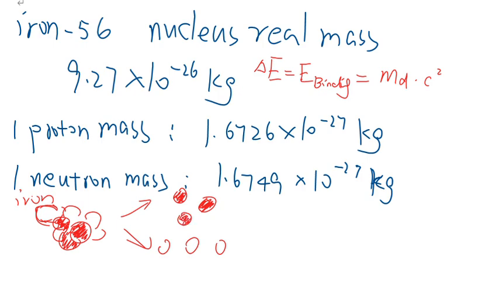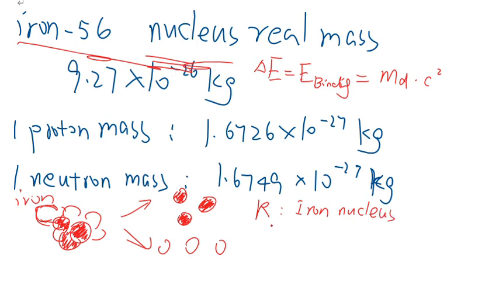This is my final effect of this reaction. So on my left hand side is going to be the whole nucleus of iron, which has this mass. So my reactant is going to be the iron nucleus, which has the mass here, 9.27 times 10 to the power of negative 26.